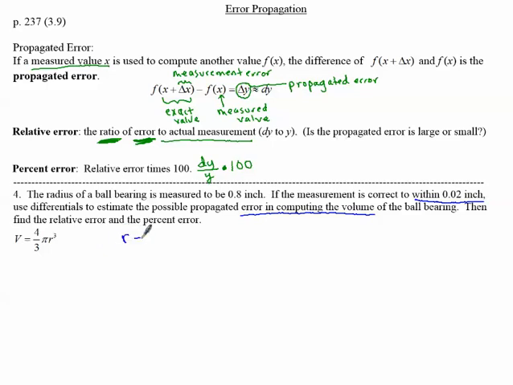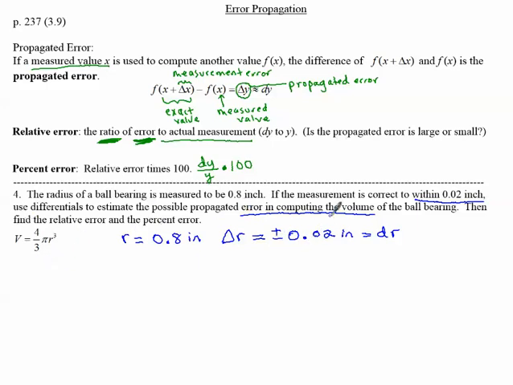So the radius was measured to be 0.8 inches, and the delta r, or dr, is positive or negative 0.02 inches. Again, that's also dr, just like the dx and the delta x are the same. Positive or negative because it could be measured over or under by that much error.